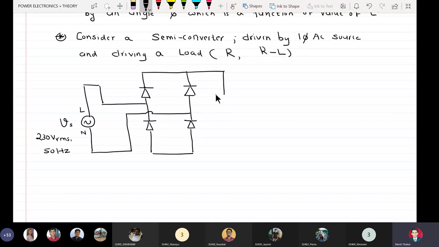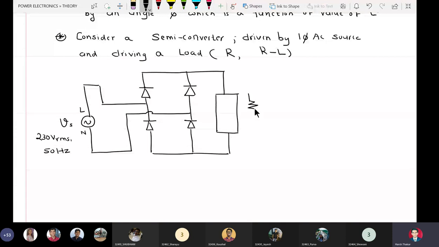Here you have the load, and this load can either be a pure resistor or it can be a resistor in series with a small inductor. Anything can be there.